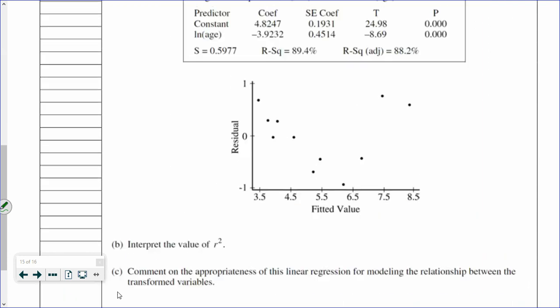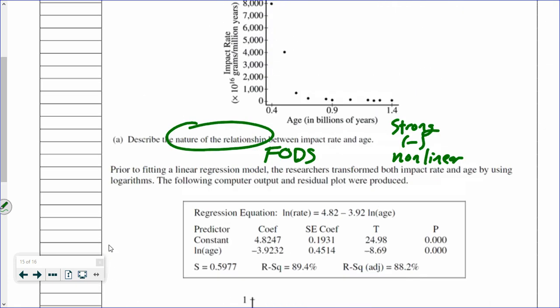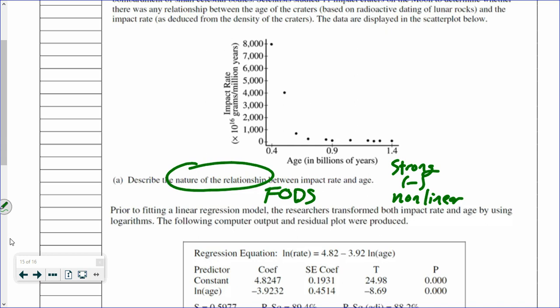Okay, r squared, 89.4%. 89.4% of variation in y. In this case, y is impact rate.